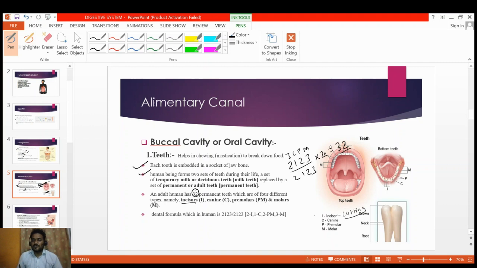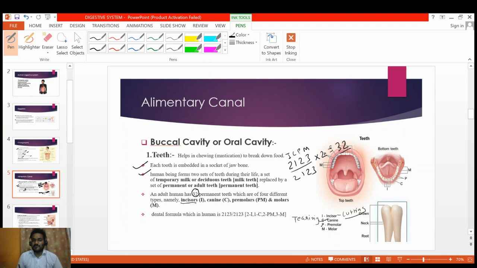Okay. Next to this we have canines. Canines are responsible for tearing the flesh. They are more specifically modified in carnivorous animals.